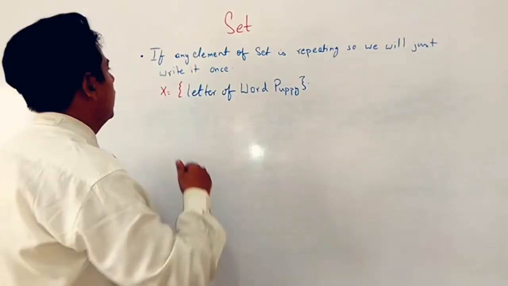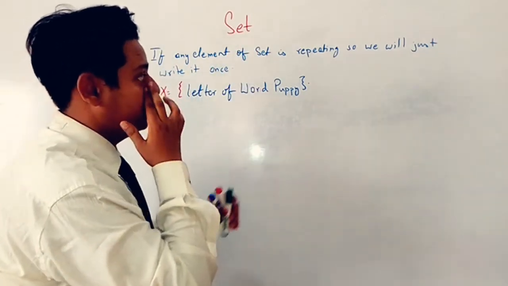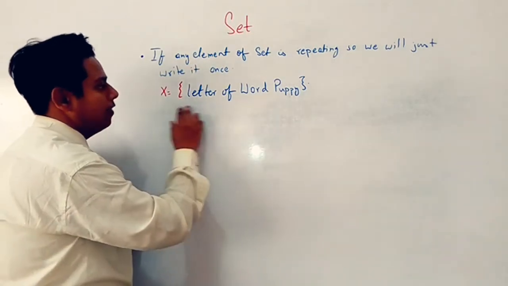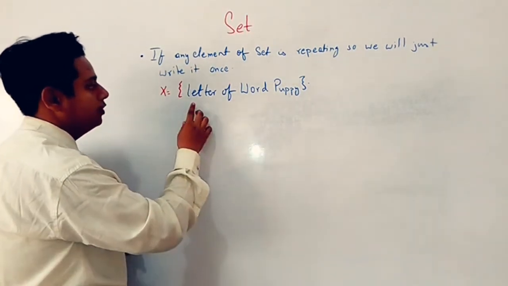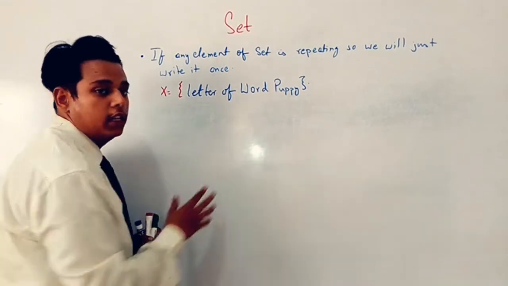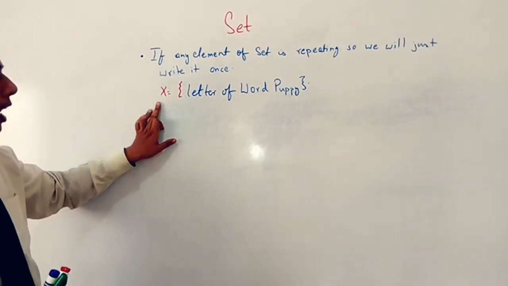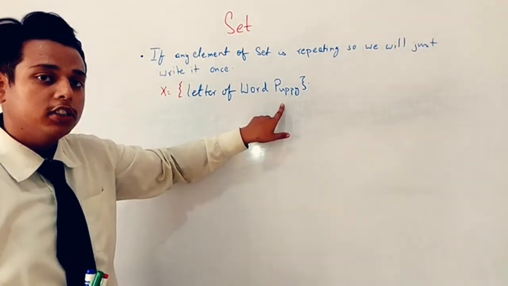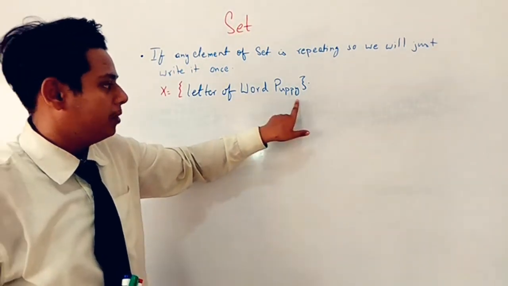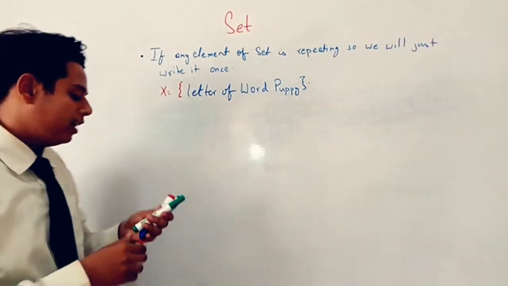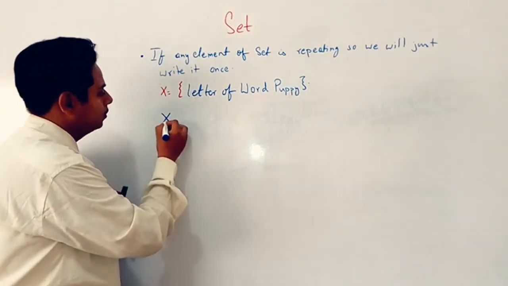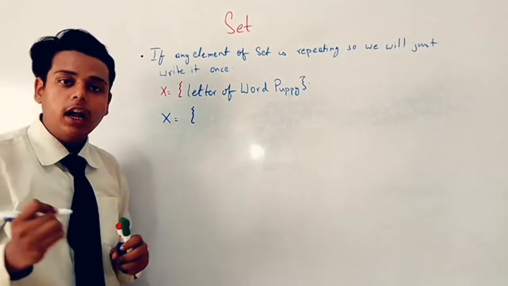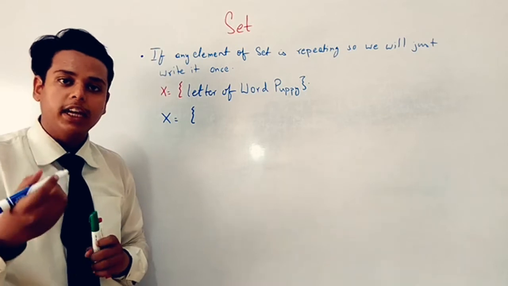If any element of a set is repeating, we will just write it once. Means if we have to write a set of the letters of the word puppy, a set named X, what are the letters of puppy? P, U, P, P, Y. But when we write the set in curly brackets, we will not write P again and again.